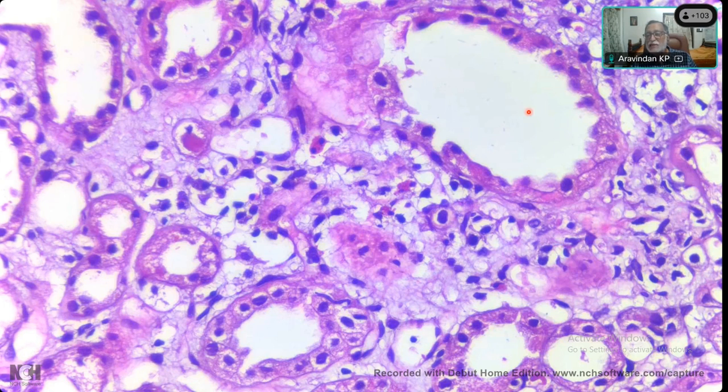This is tubulitis. Tubulitis, usually you look for what kind of biopsies? Transplant rejection, that's one of the things that you always look for. Similar to transplant rejection, you can see the inflammatory cells getting into the tubule sometimes, even in these cases.